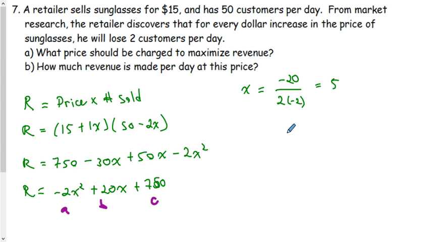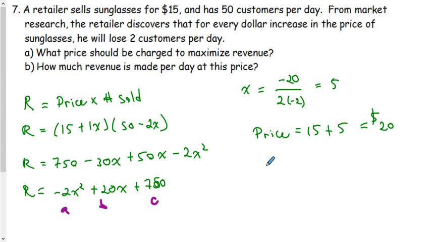So we need to figure out what price should be charged to maximize revenue. Reminder, our price in our equation at the beginning there is 15 plus 1x, right? So 15 plus x, we found out that x at our maximum is 5. So our price is going to be $20 per pair of sunglasses.